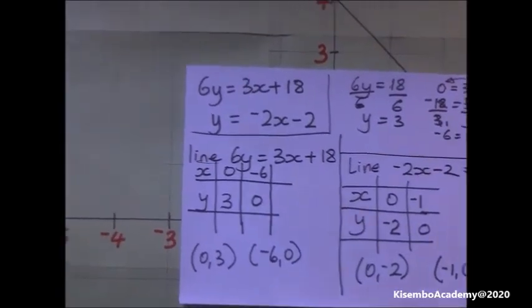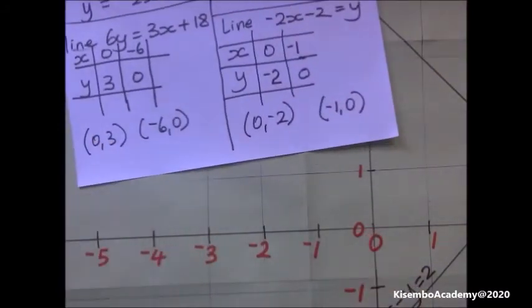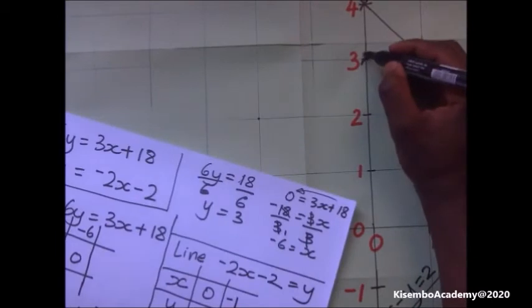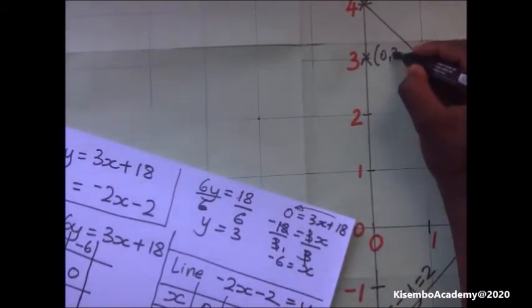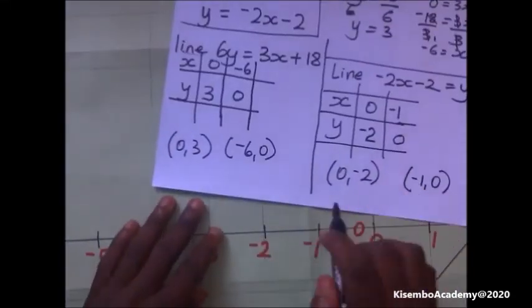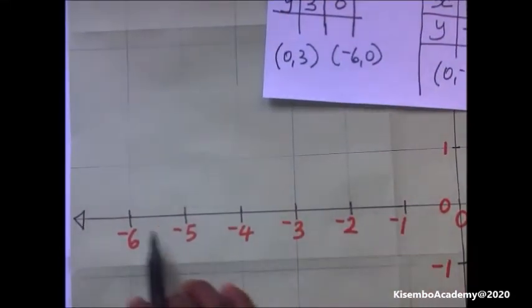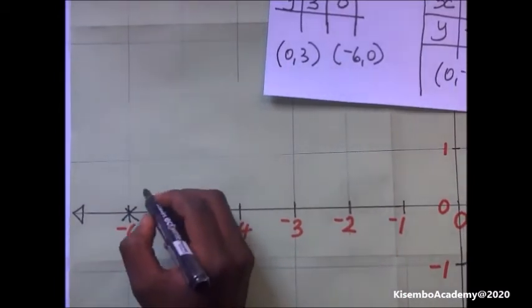So on our grid, we have (0, 3). (0, 3) is right there. Then we have (-6, 0). Our (-6, 0) is right here.